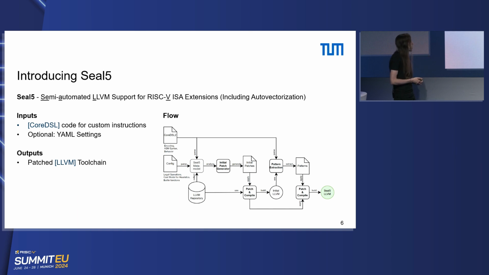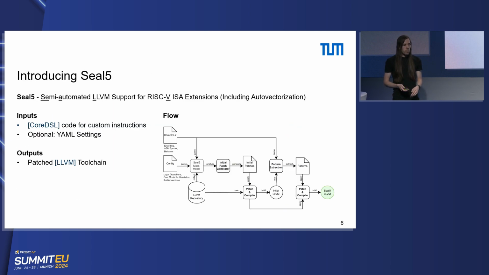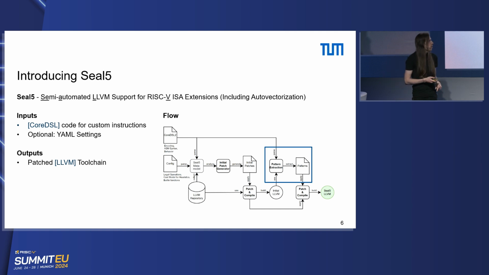The input of our tool is the CoreDSL description, like shown here on the right, and the output of our tool is a patched LLVM toolchain. The flow can be seen here in this figure, but today I would like to focus on the most interesting part, which is the pattern extraction and the code generation aspects.